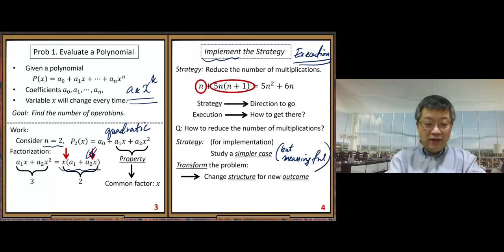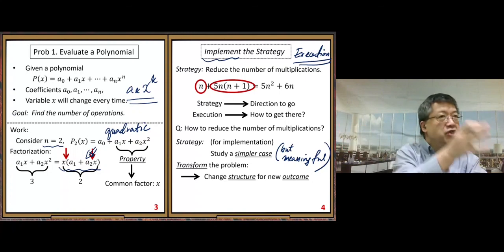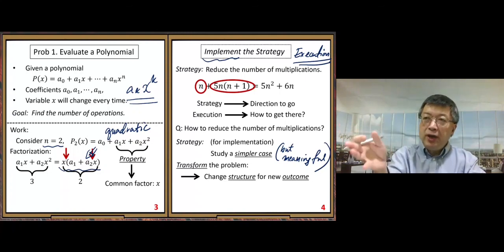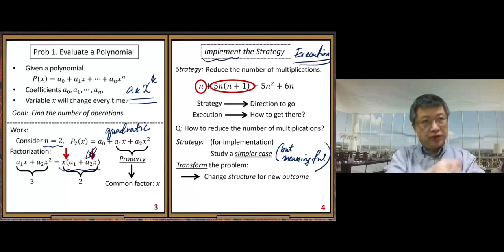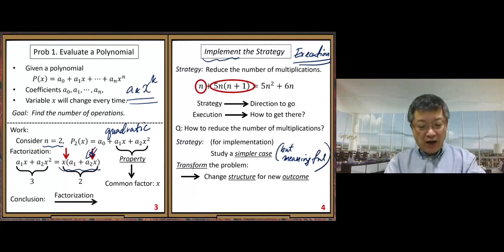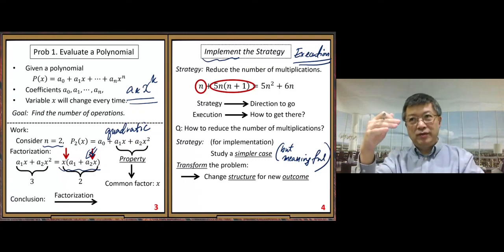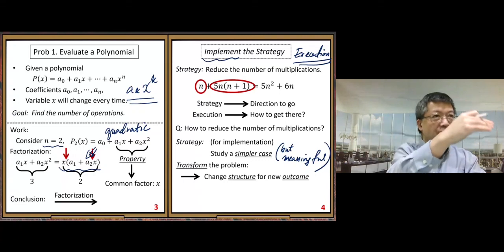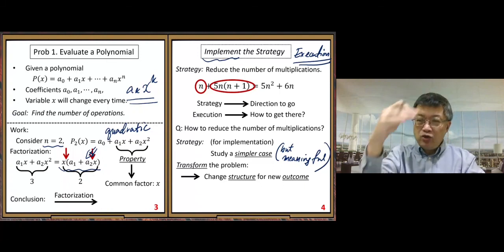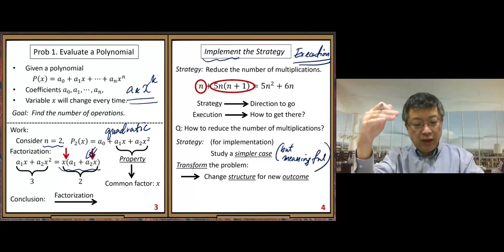So look at here. That number is different. After we change the structure, we change the number of multiplications needed to find the answer. So now you see the difference, right? You see the improvement here. Conclusion. Our improvement. After factorization, we use the factorization method to transform the original problem.